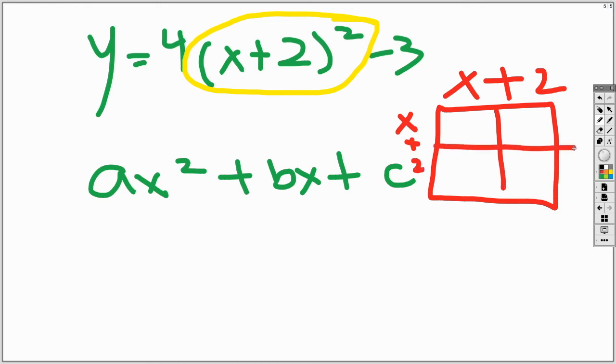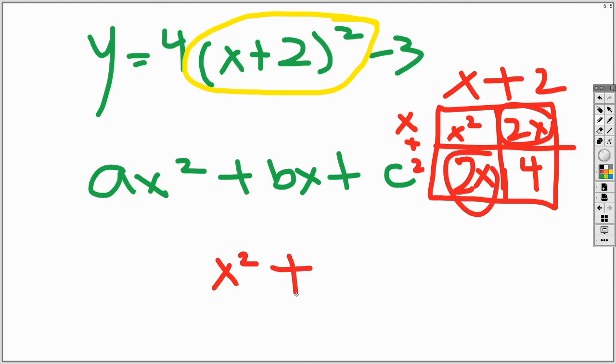If you haven't watched that video, I would highly recommend watching Multiplying Polynomials. So x times x is x squared, x times 2 is 2x. Again, 2 times x is 2x, and then 2 times 2 is 4. So it leads us to x squared, and then 2x here and 2x here is plus 4x, plus 4.